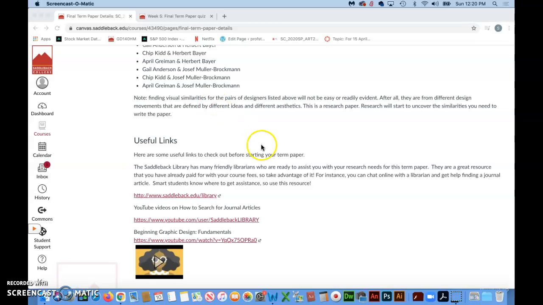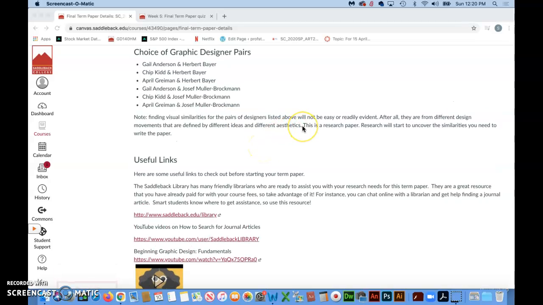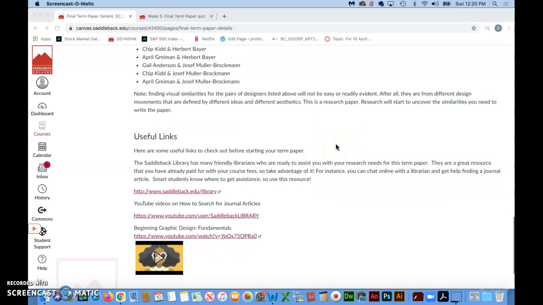Finding visual similarities for the pairs of designers listed above will not be easy or readily evident because they're from different design movements. Design movements are defined by different ideas, different aesthetics, but it's a research paper, so as you research, you will start to uncover the similarities that you need to write a good paper.